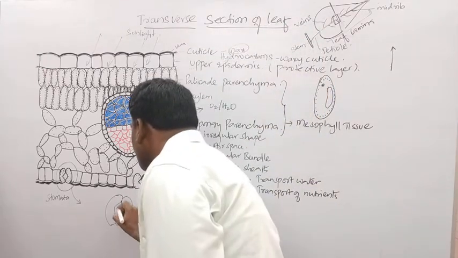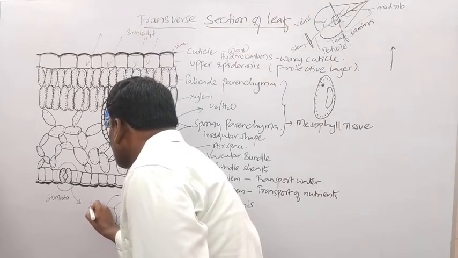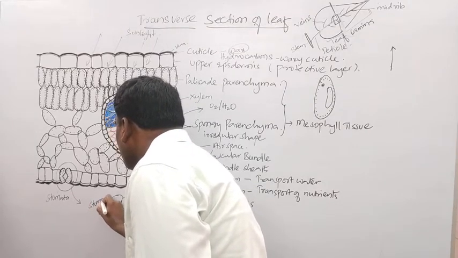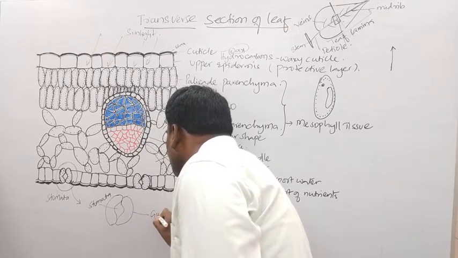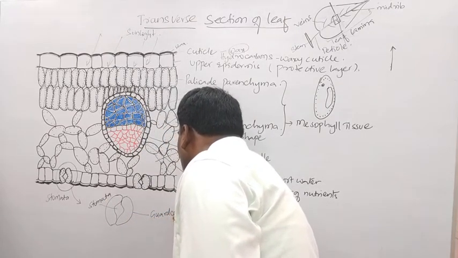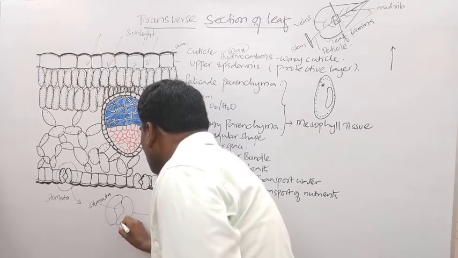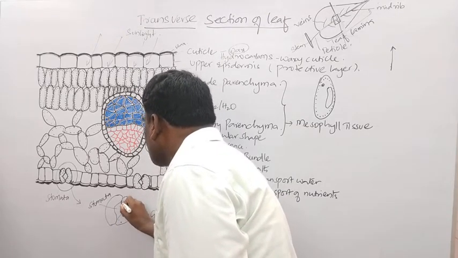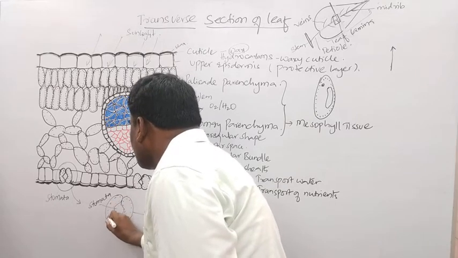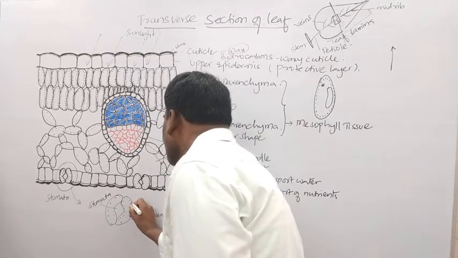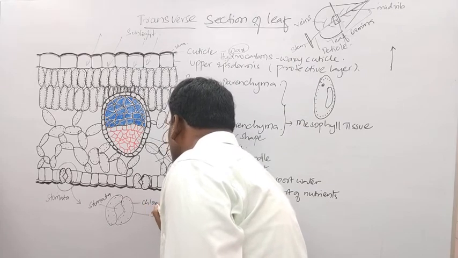So this opening is the stomata, and these are the guard cells, and inside the guard cells we also see chloroplast.